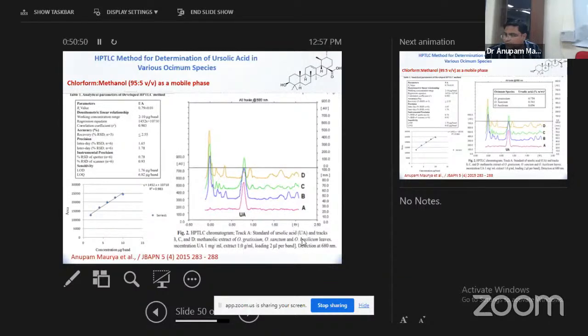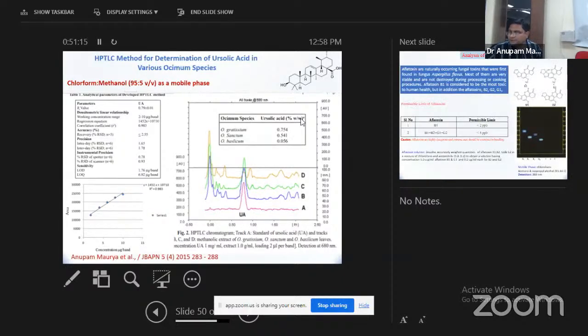This is the ursolic acid marker compound, and we have taken care of all the parameters. A and B are Ocimum gratissimum, C is Ocimum sanctum, and D is Ocimum basilicum. The ursolic acid content is 0.74% in Ocimum gratissimum by HPTLC, 0.5% in Ocimum sanctum, and 0.056% in Ocimum basilicum.